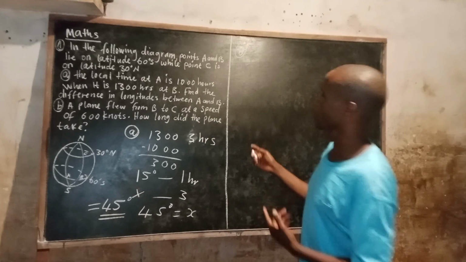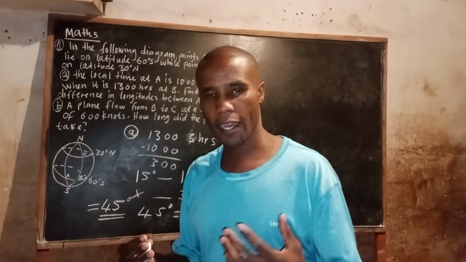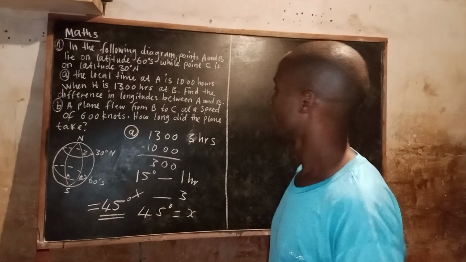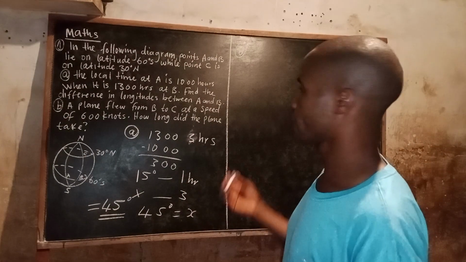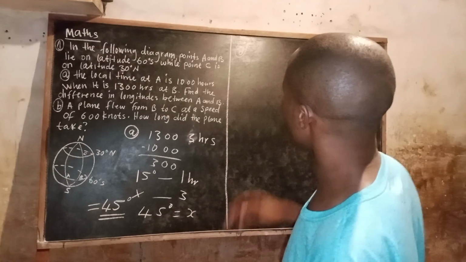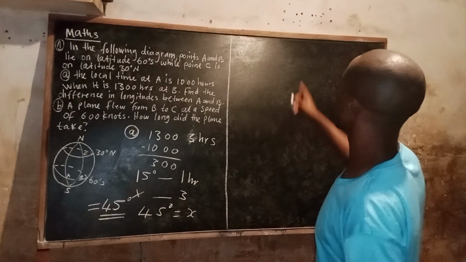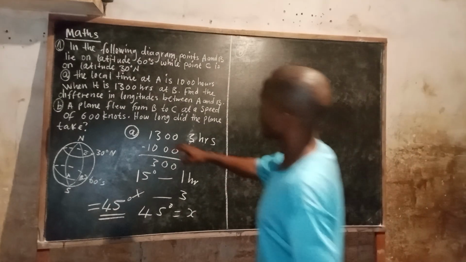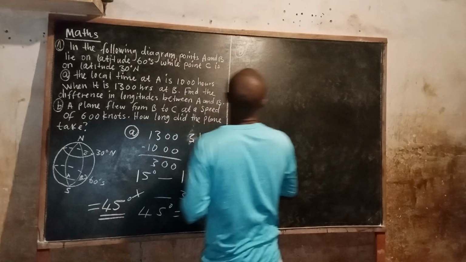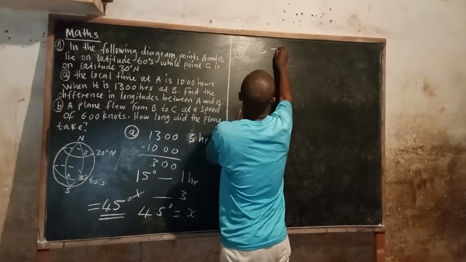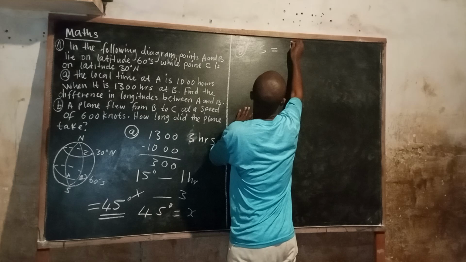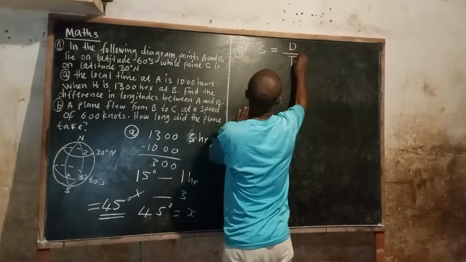How are we going to know the time which the plane took? For us to know this, we need to introduce the formula for speed, because we are already given speed. The formula for speed is equal to distance over time taken.